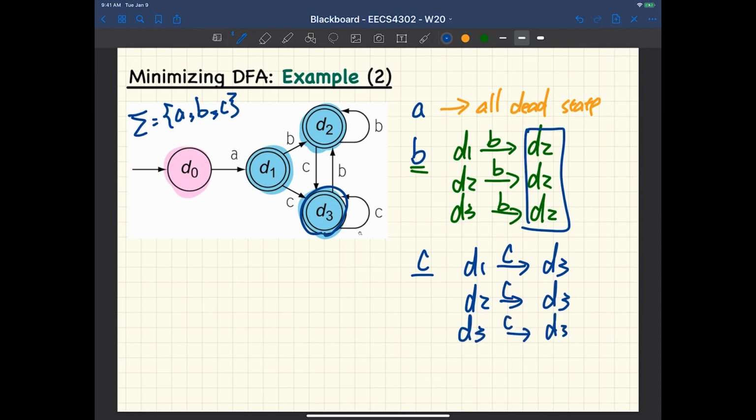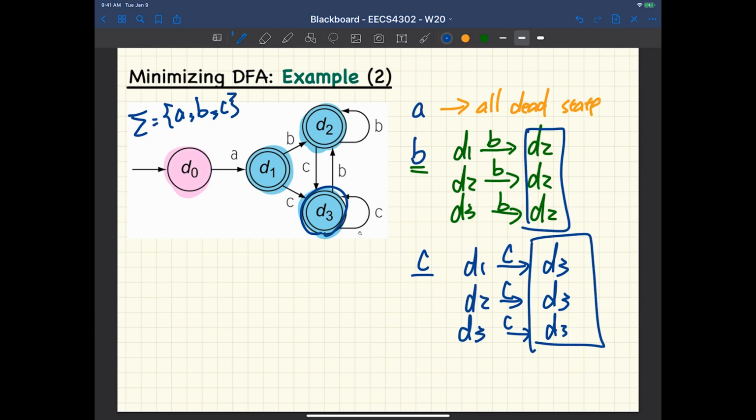It just happens to be the same state, but as long as it's in the same partition, you're fine. We have considered every character in the alphabet, A, B, and C, and we cannot find any inequivalent behavior. So that means we cannot split it, and this is exactly the result.